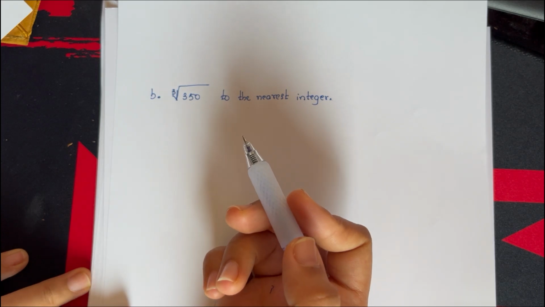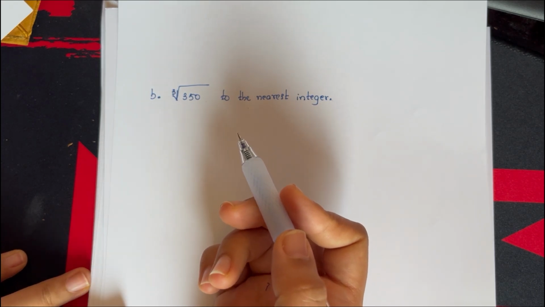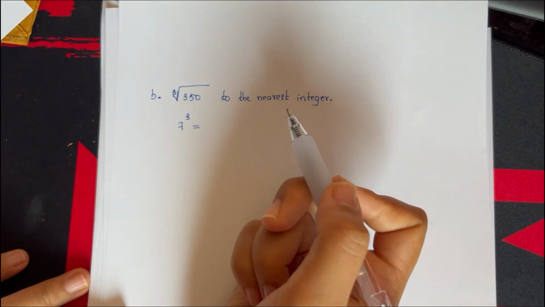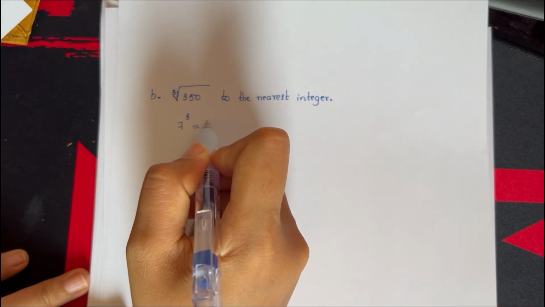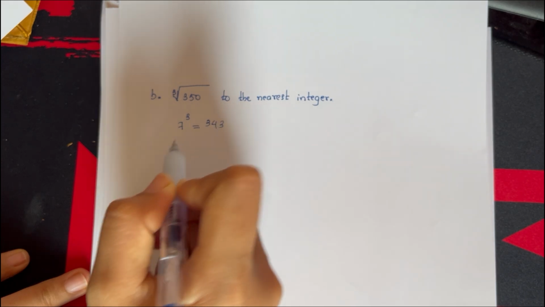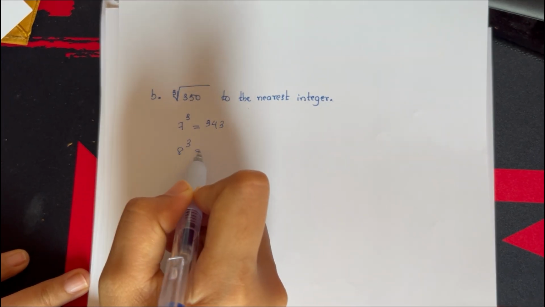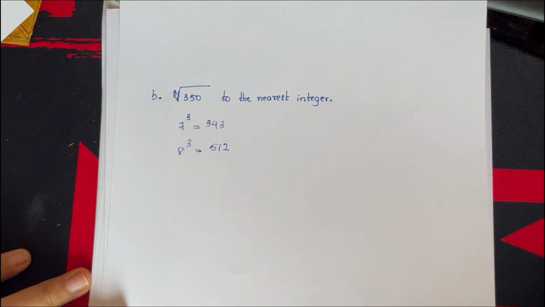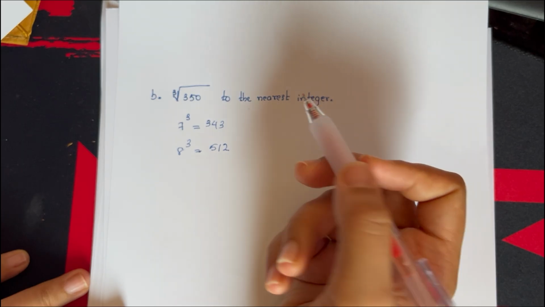So let's think from 7. 7 cubed is equal to 343. And 8 cubed is equal to 512.